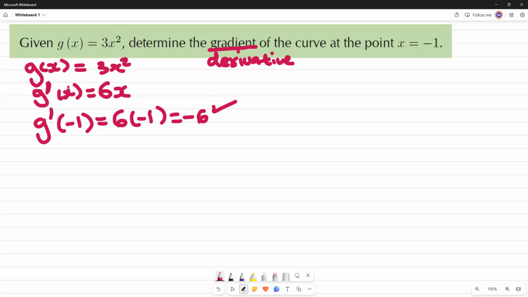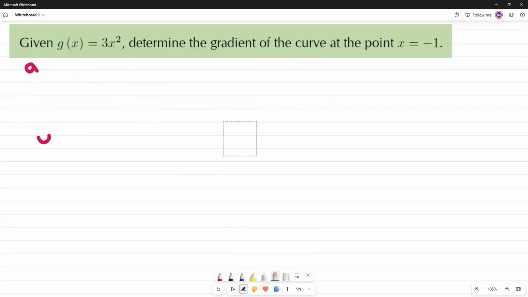Perfect. So now let's get straight to first principles. So I'm going to just erase this so that we have space. Okay. So we're going to use first principles now. Okay.